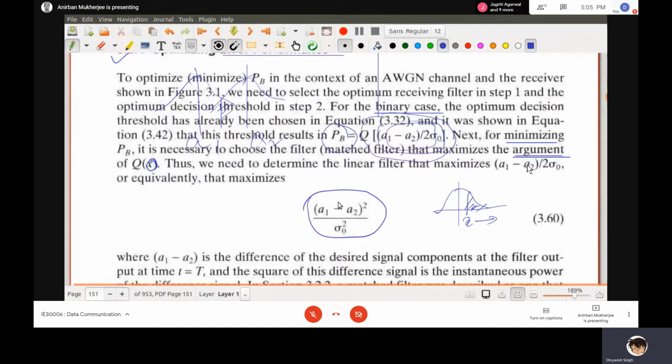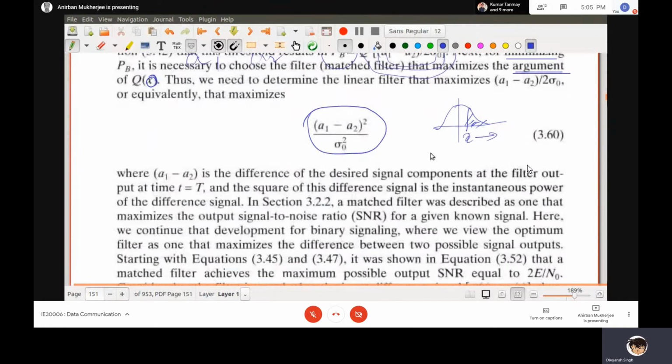Now, if you remember, earlier in the matched filter explanation we were working with sigma 0 square, A i square, capital T by sigma square. Now instead of doing that, I am taking a different signal's energy, different signal's power, and this is the noise power.